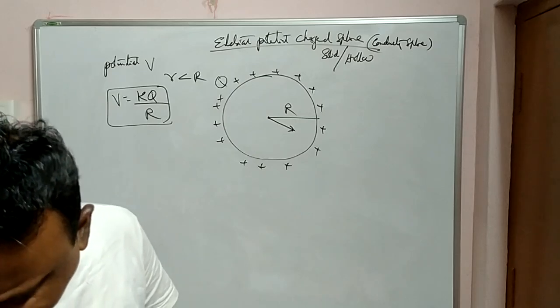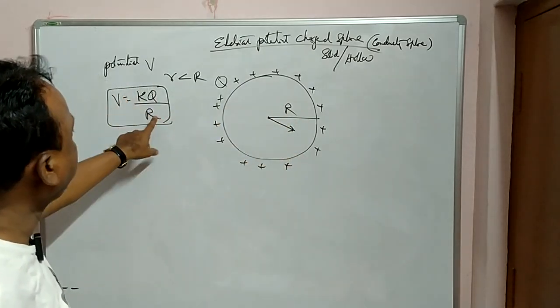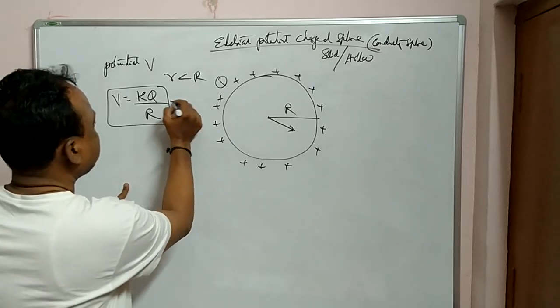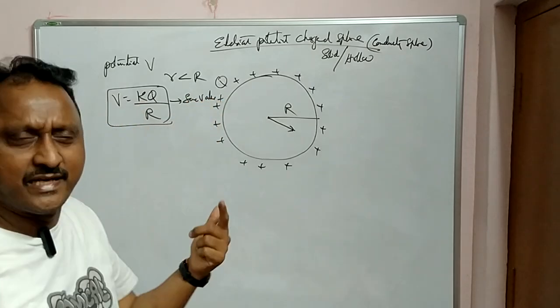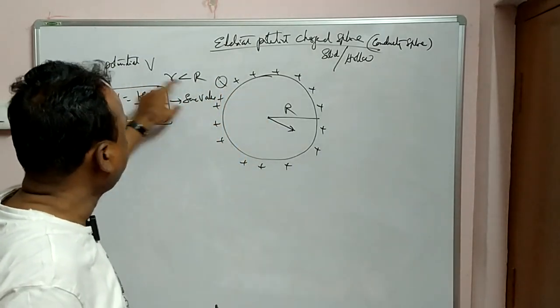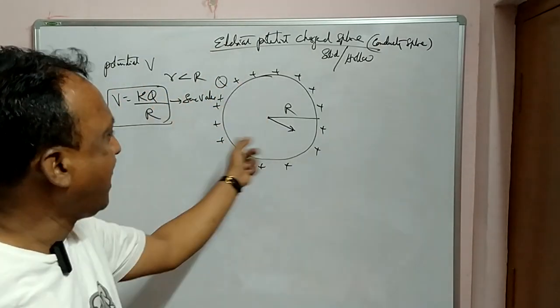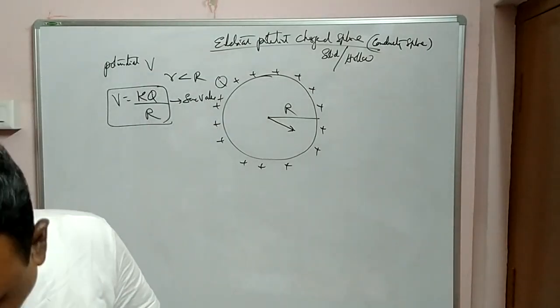In such cases, whatever value is on the surface, the same value will be inside. K, you know, is 1 by 4 pi epsilon naught, a constant. Q is the charge of the sphere and R is the radius. The same value as on the surface is inside too. Okay?